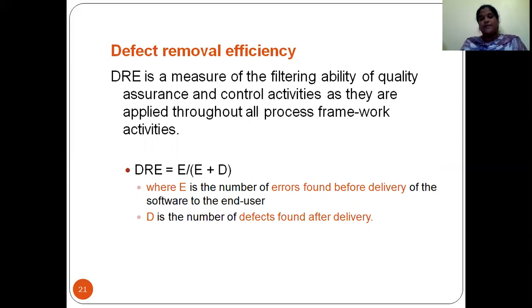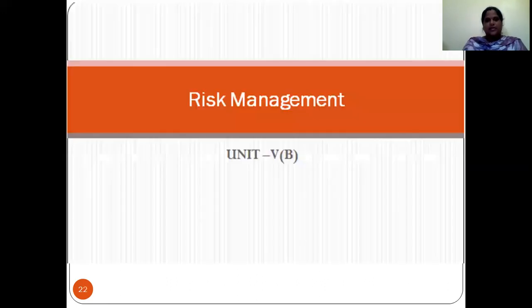So defect removal efficiency is calculated as E by E plus D. Okay, E means errors, where E is the number of errors found before delivering a product to the end user. D means defects found after delivery. So by calculating this E by E plus D, you get the defect removal efficiency of your software project.